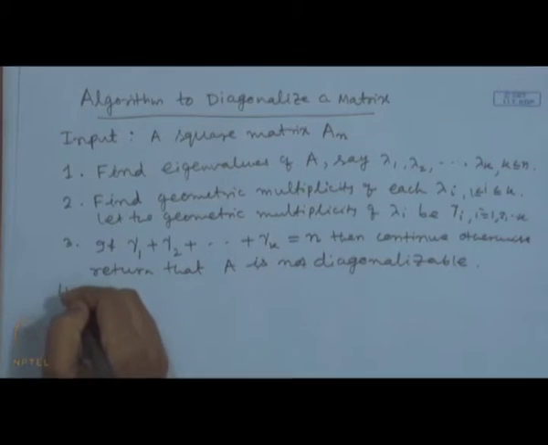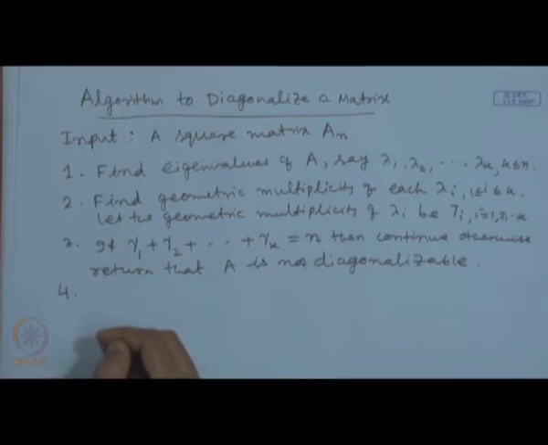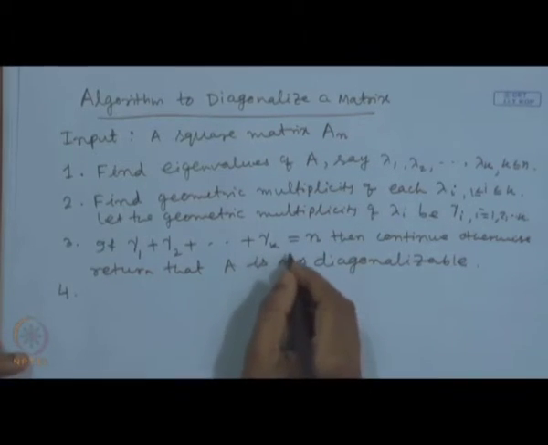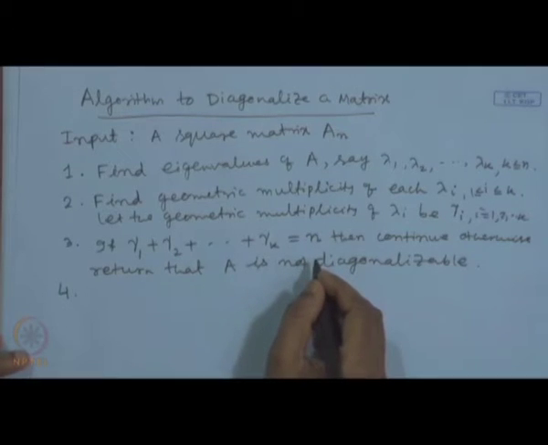So, in the fourth step we know the geometric multiplicity of each eigenvalue and the sum of the geometric multiplicities is equal to n.